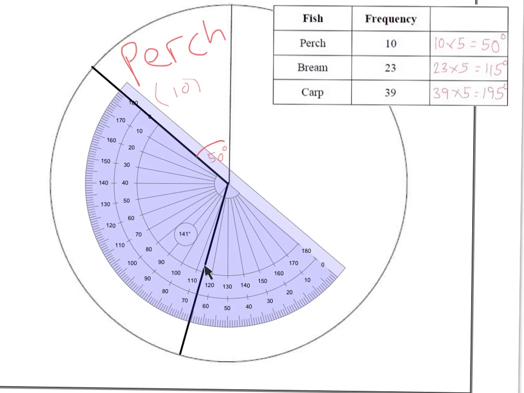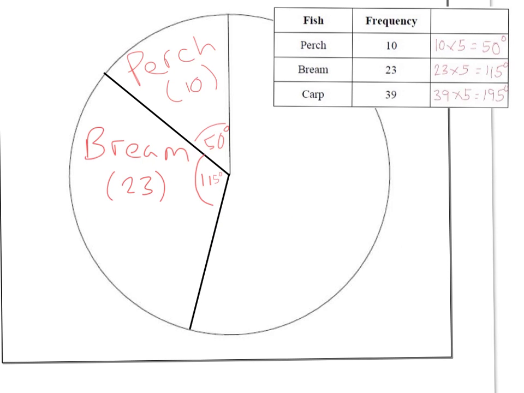And you can see I've done that already. I measured from 0 till I got to 115. I did a line on the outside and then connected from the middle all the way to the outside, and label it up. So I've got 23 represented, it's bream, and the angle size 115.